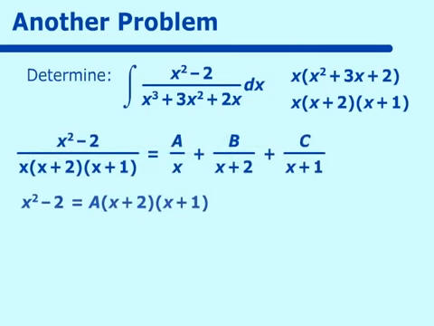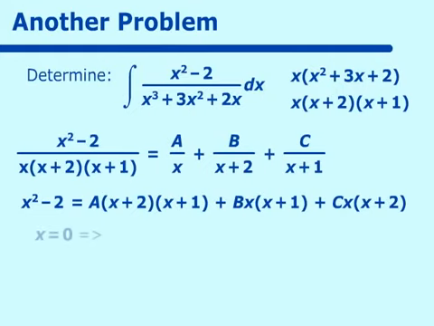We'll have a times (x plus 2) times (x plus 1), if our lowest common denominator is x times (x plus 2) times (x plus 1), plus bx times (x plus 1) plus cx times (x plus 2). Now there are many different ways to do these types of problems, but I have found the simplest method is with substitution. It makes everything clean and neat, and you'll see.